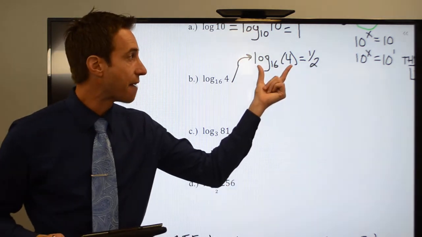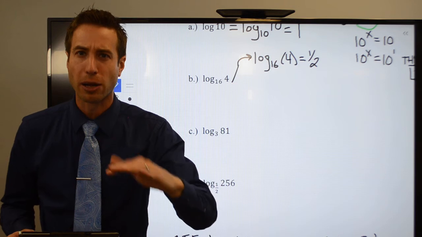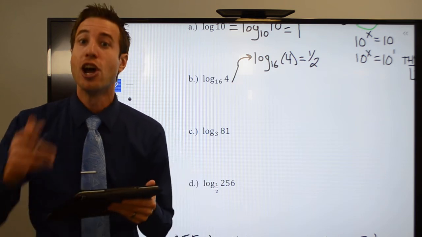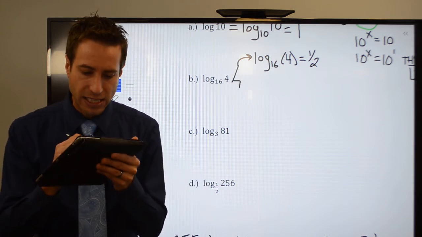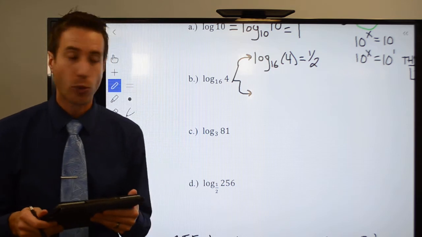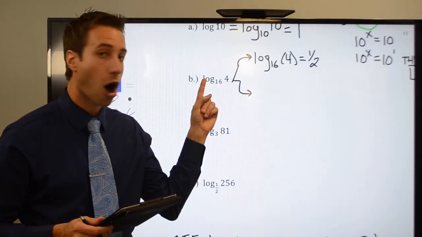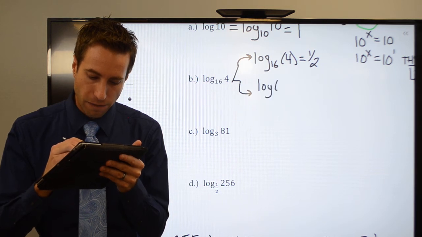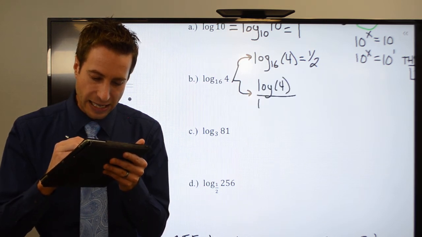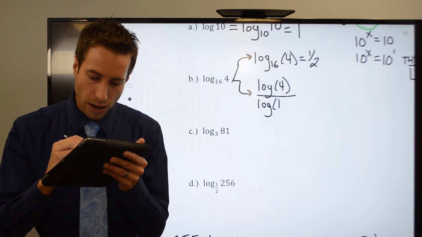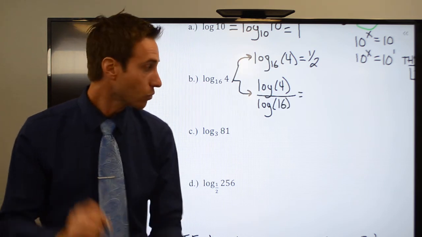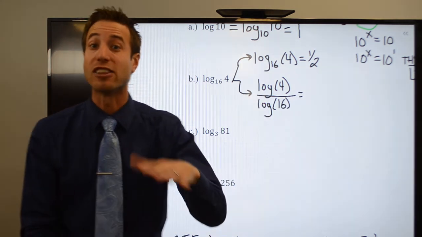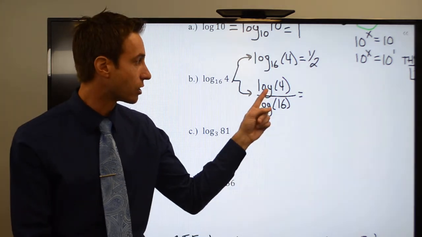If you don't have the math print software, that log base function on your calculator, you'll do the change of base formula. Remember the way the change of base formula works is we're going to take log of 4 divided by log of 16. Remember, this is just the log button on your calculator because it's a log base 10.